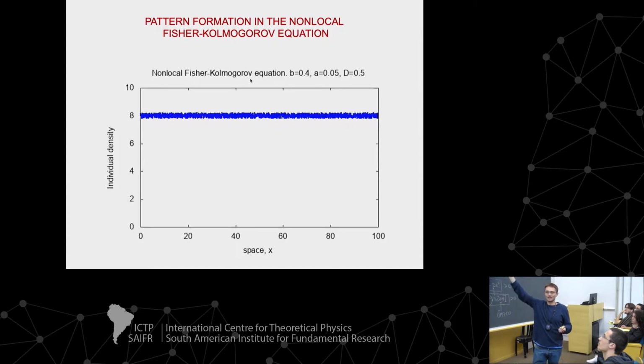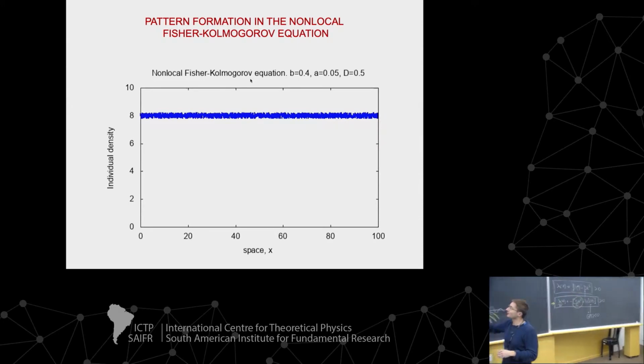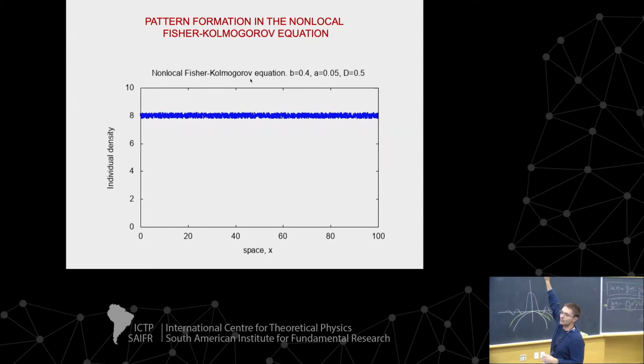So basically, it is my fixed point, my homogeneous solution. The reason why you see that this is like a thicker line is just because I'm adding that perturbation. I'm generating some random number, and I'm adding it up to the homogeneous solution. And now I'm going to integrate the equation on time and space to see what happens.